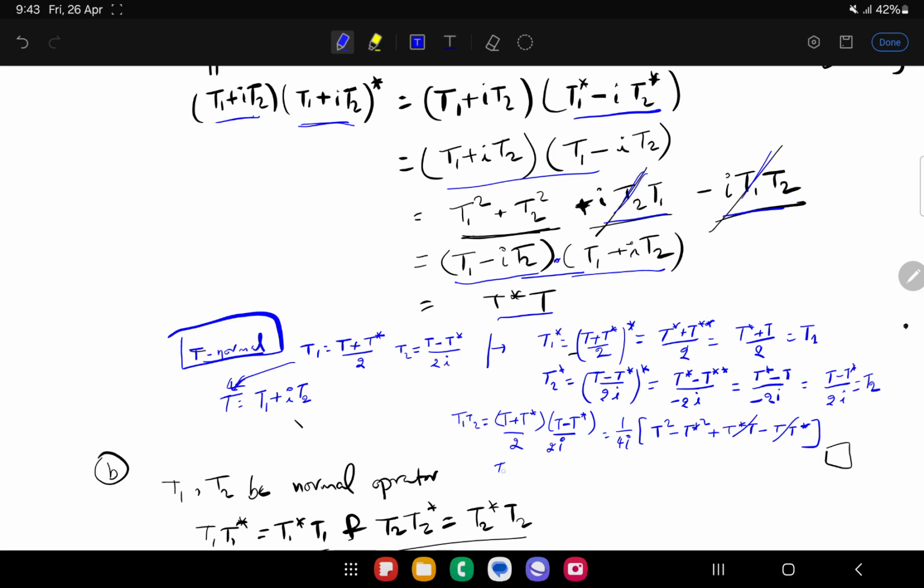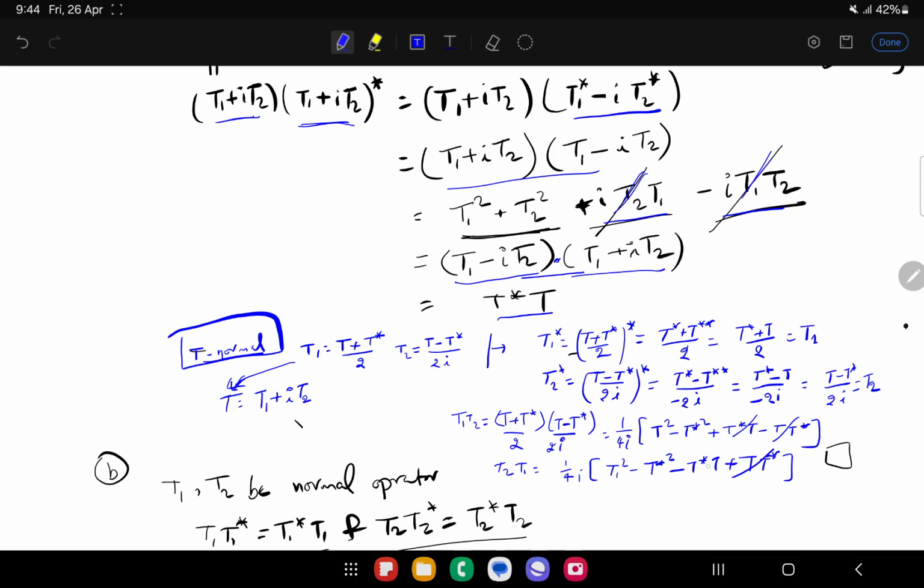What about t2 t1? You check it, this will come out the same thing, 1 upon 4i times t square minus t star square minus t star t plus t t star.